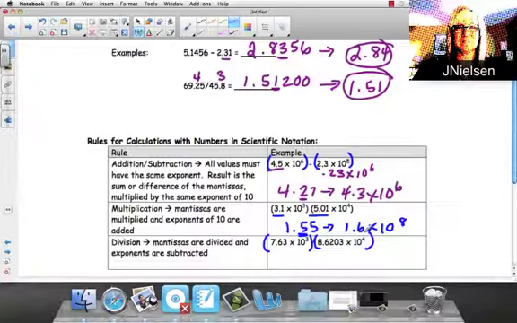And what we do then is we're not solving for density, we're solving for volume. Now there's 2 ways we can do this problem. I know your math teachers probably tell you to do this, okay?